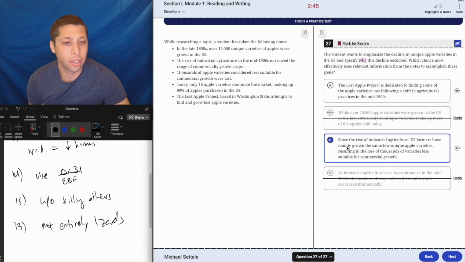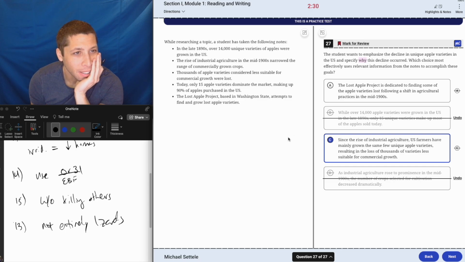Why the decline occurred? Why did the decline occur? Because of industrial agriculture. I wish they put this why in here. Emphasize the decline. In order to emphasize, you've got to say something like you're losing thousands of varieties.